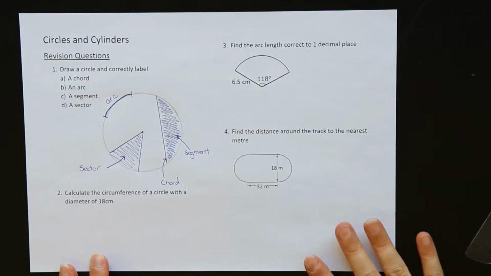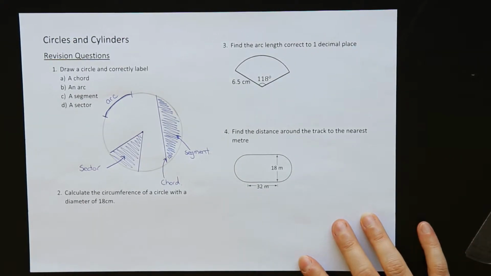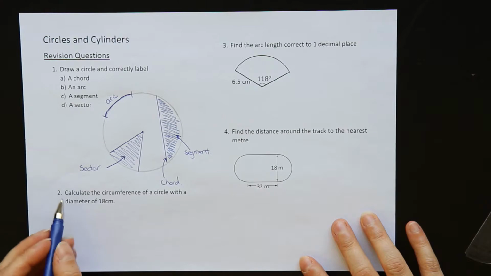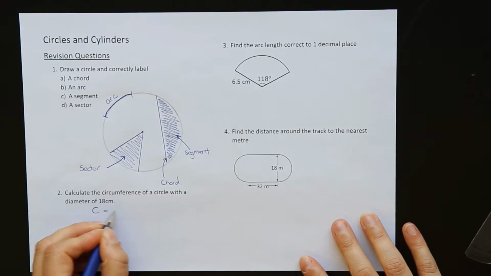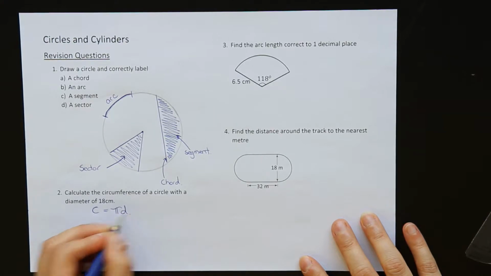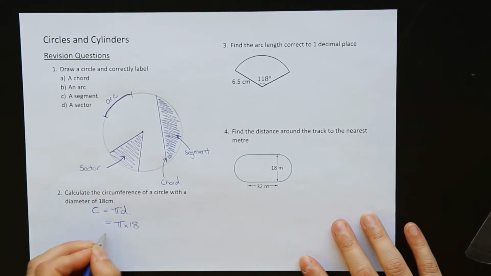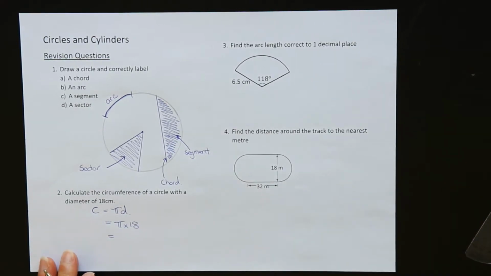Okay, that's done. Let's look at question 2. Calculate the circumference of a circle with a diameter of 18 centimeters. Well, we have 2 formulas for circumference, but we want the formula that has the diameter, which is the formula C is equal to pi d. So all we have to do is put the 18 in where the d is, so it's pi times 18, and calculate.